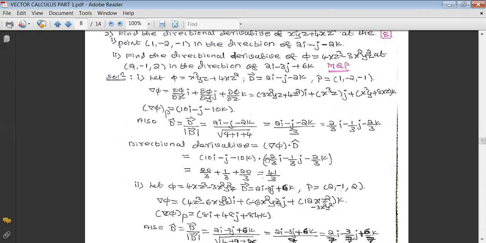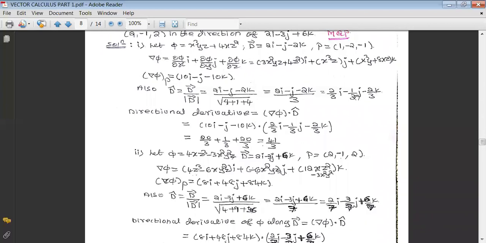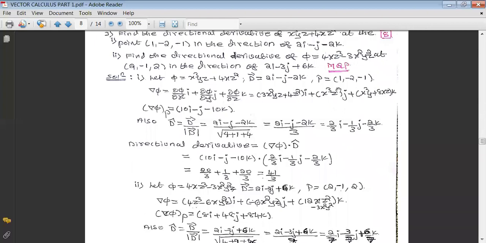That is 10 into 2, that is 20 by 3, minus of minus, plus 1 into 1 by 3, and minus of minus, plus 10 into 2, 20 by 3. If you take 3 as LCM, that gives you 41 by 3. That will be the value of the directional derivative of the given scalar pi, x cube yz plus 4xz square, in this direction at the point p equals (1, -2, -1).